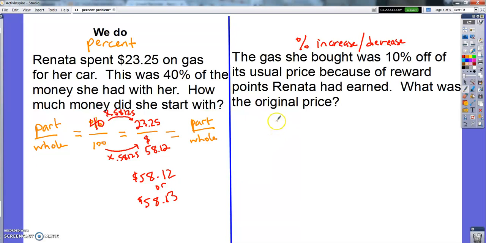So what I've got is some original price that we don't know. Call it P for price, maybe. Take away 10% is the price she paid, $23.25.